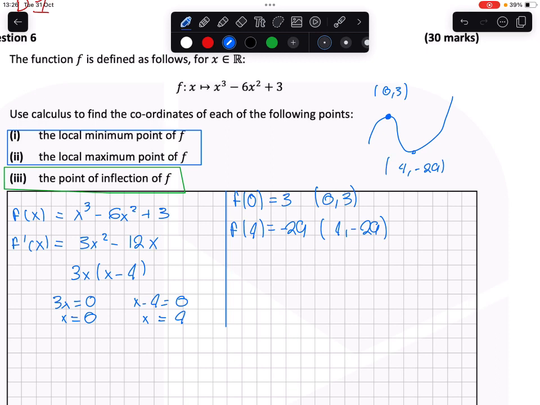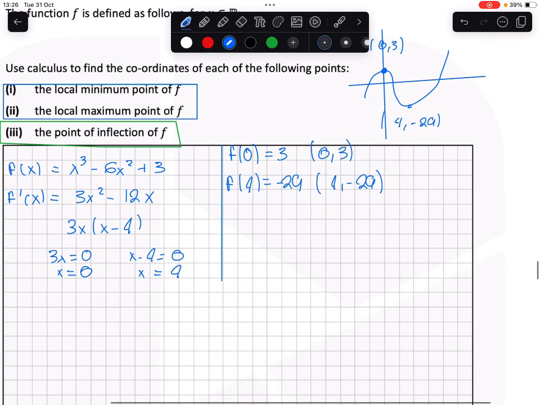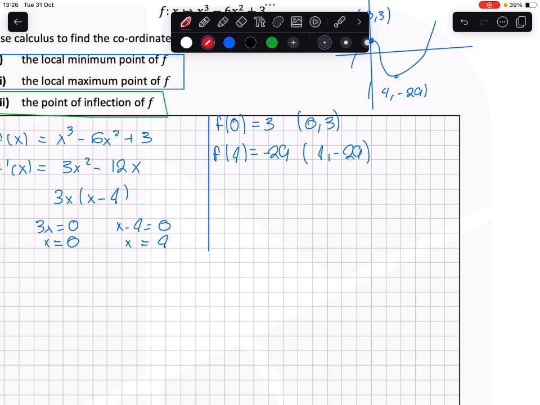And in reality, our axes will go something like that. So we know that this first one is going to be the local max, and then the second one is the local min.